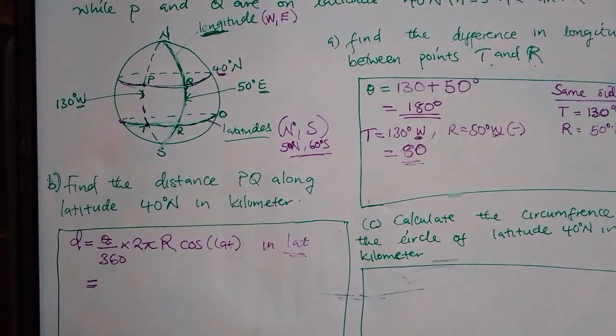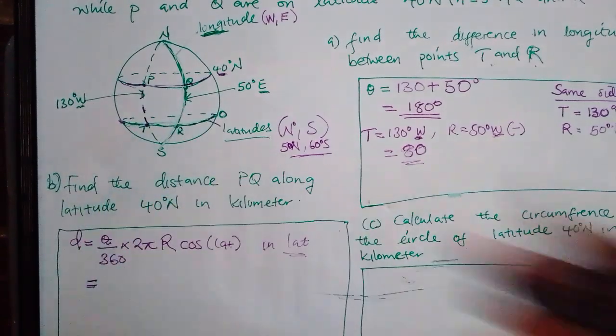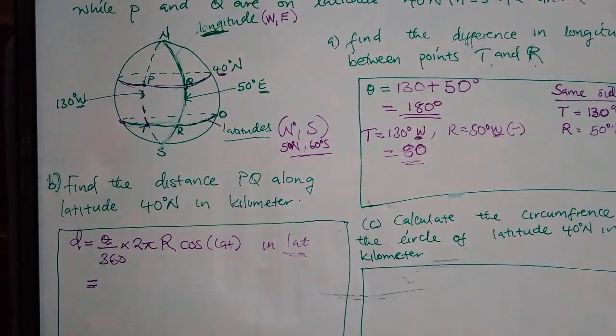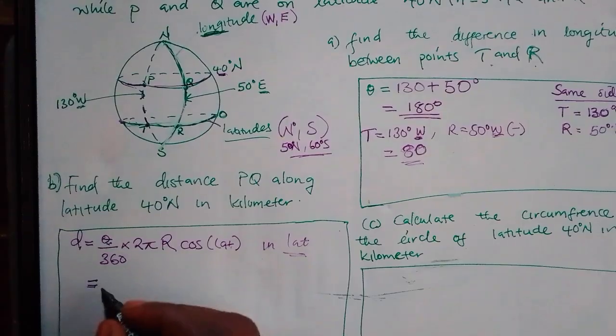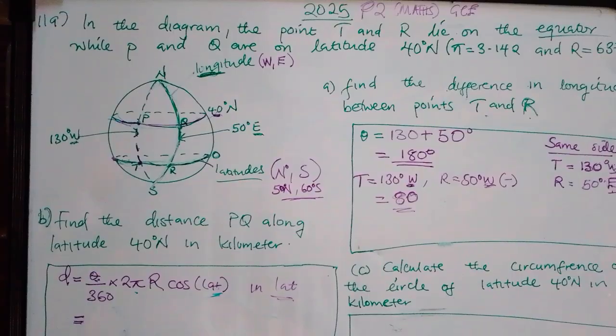Why do I say so? Because P and Q, T and R are on the same longitude. So meaning they have the same what? Difference in longitude. So you say 80. Okay, so as I've mentioned, this is the formula that we are going to use to calculate what?